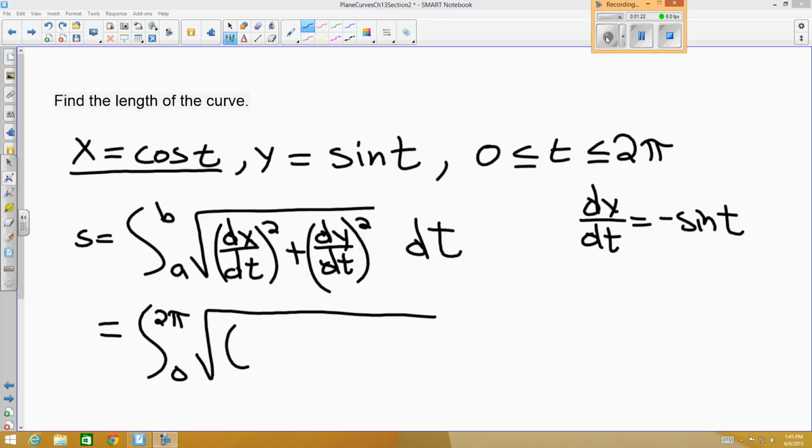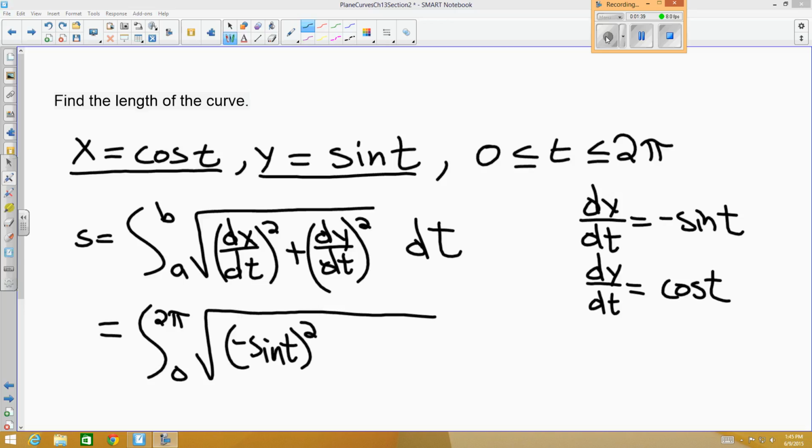So negative sine of t squared. Now, dy/dt, that's the derivative of y with respect to t. y is equal to the sine of t, so dy/dt is going to be cosine of t. So plus cosine of t squared. And then dt outside the square root.